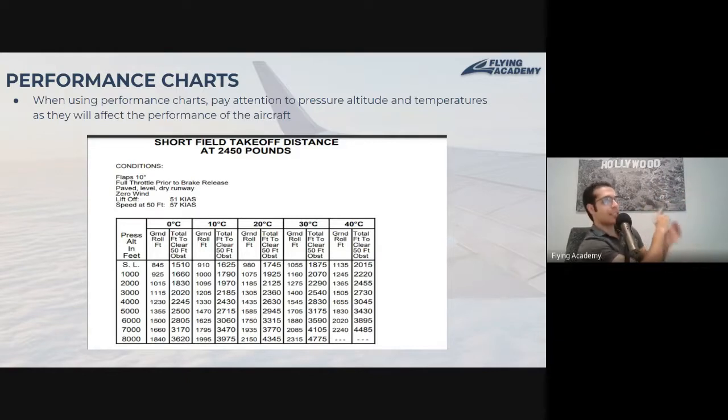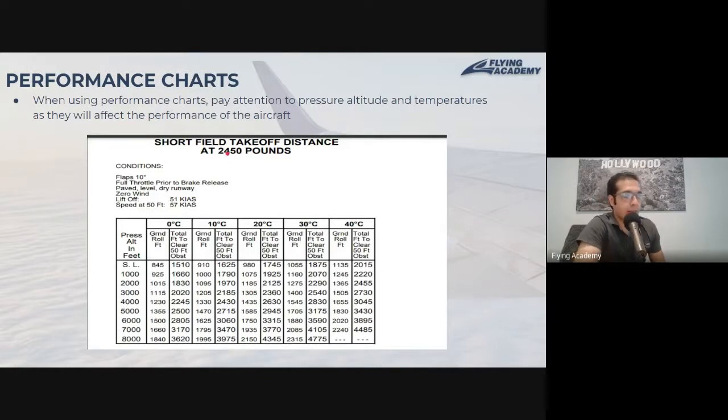So let's go ahead and continue with this. For the Cessnas, they would give you only the short field. Anything else, you would have to adjust based on the type of landing or takeoff that you're going to perform. But in this case, for the sample of this presentation, we have short field takeoff configuration at max takeoff weight 2450.